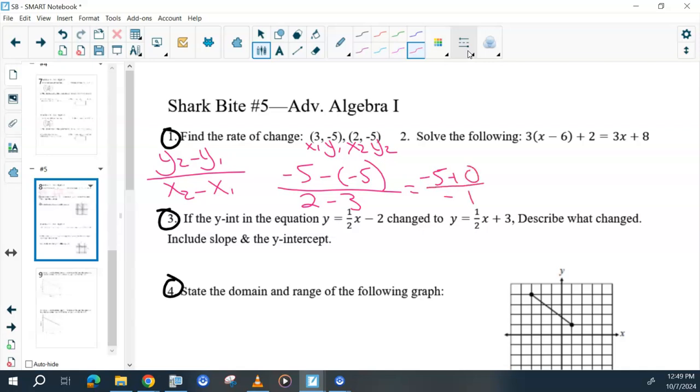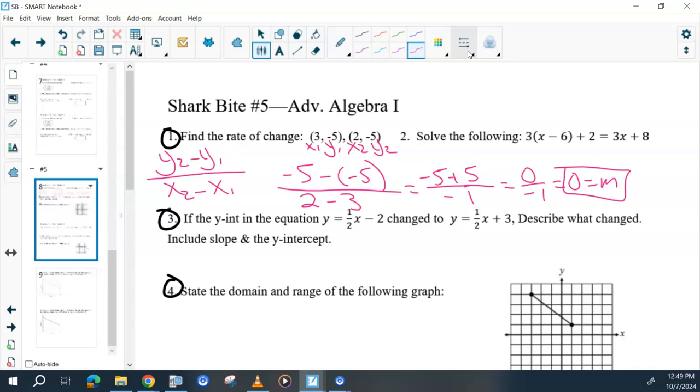This would become a -1. So the slope would be, sorry, I didn't mean to put 0 there. 0 over -1, or just 0.